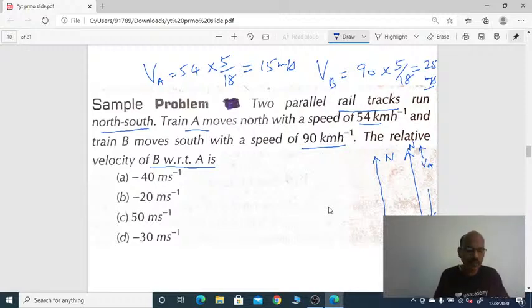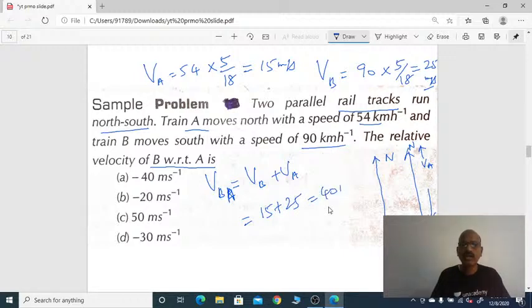Both are moving in opposite directions. Then the relative velocity of B with respect to A is VB plus VA, since both move in opposite directions: 15 plus 25, 40 meters per second. This is the correct answer; the negative you can neglect, since it is moving in the opposite direction.